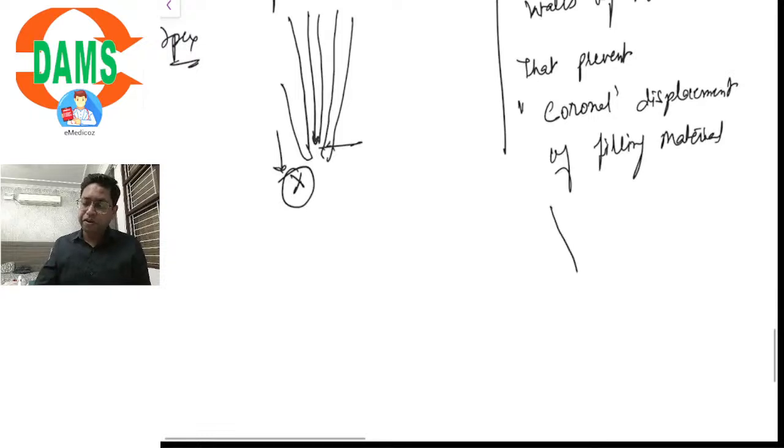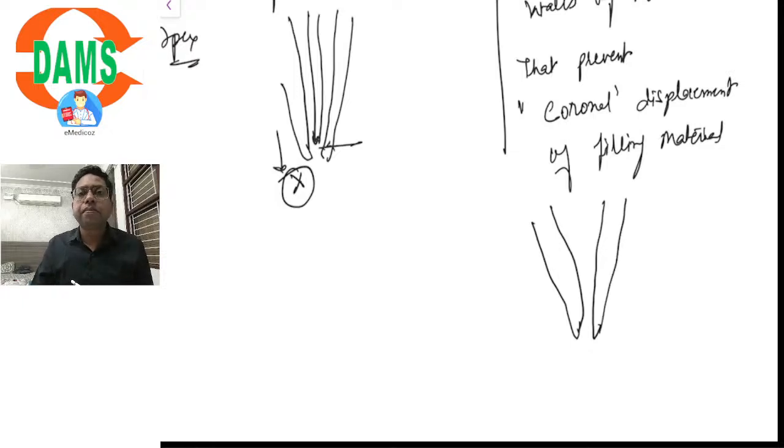It means we would prepare the root canals in nearly parallel walls in the apical one third, so that if there is a root canal obturating material, like this, it is prevented from being displaced coronally.